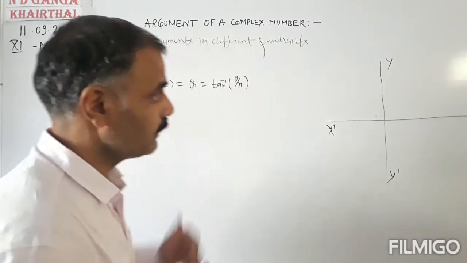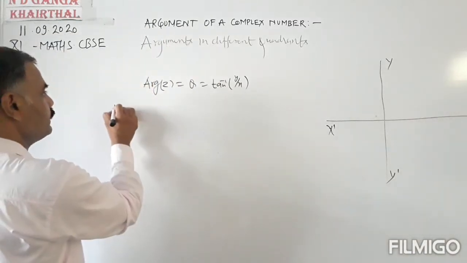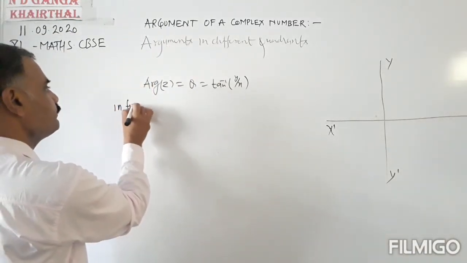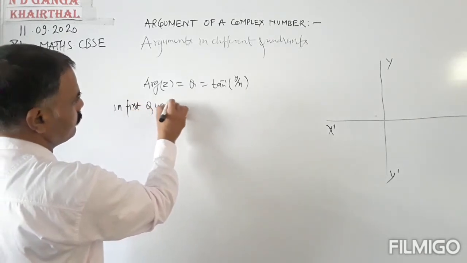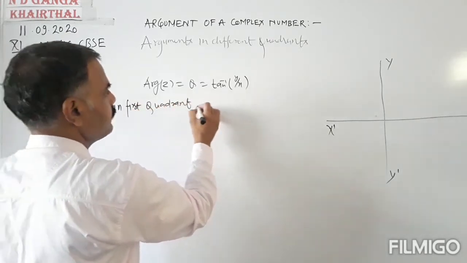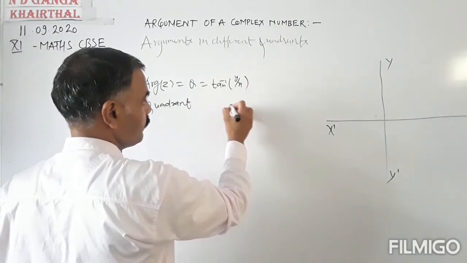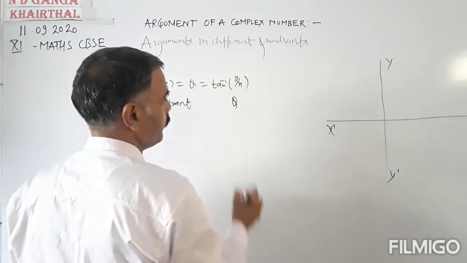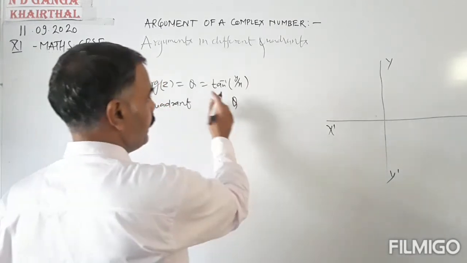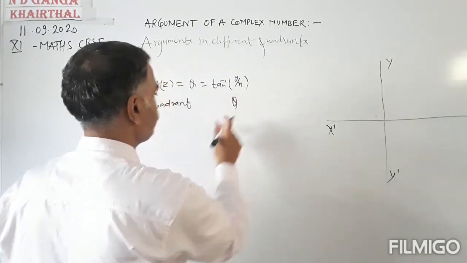So in first quadrant, the argument is simply written as theta, that is equal to tan inverse Y upon X.